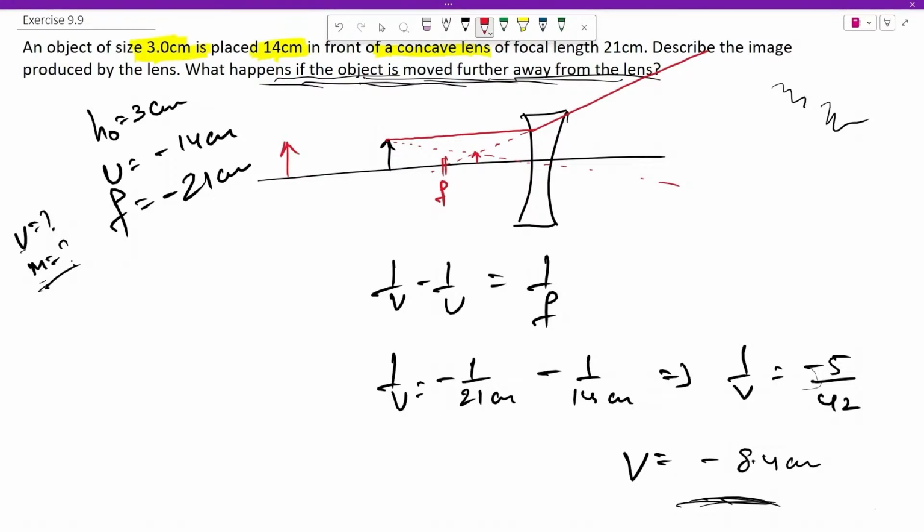So what we will see is the image will tend towards the focus, because this parallel ray is going to be going in this direction only, but the second ray like this. So we will see that the magnification will drop further, and as u is increased to infinity, the image distance v will tend towards the focus and the magnification will tend towards 0.